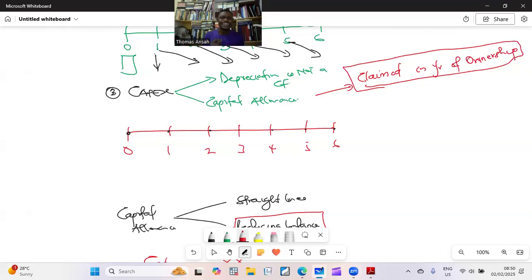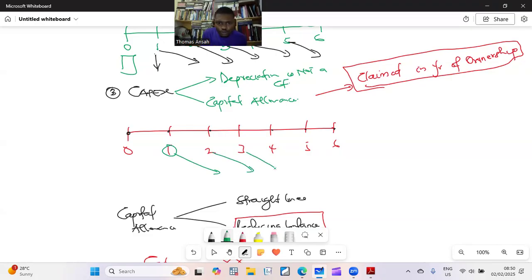But the cash flow, what we mean, being granted the capital allowance, you can claim. Claim is claim. But you being granted the capital allowance is different because the capital allowance comes when you are also filing your tax. So you see that capital allowance moves with the tax. So your capital allowance for year one will be claimed in year one and received in year two.